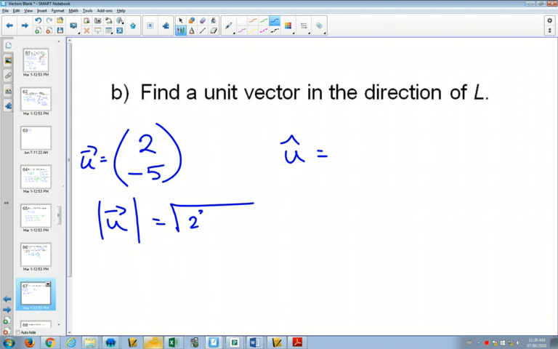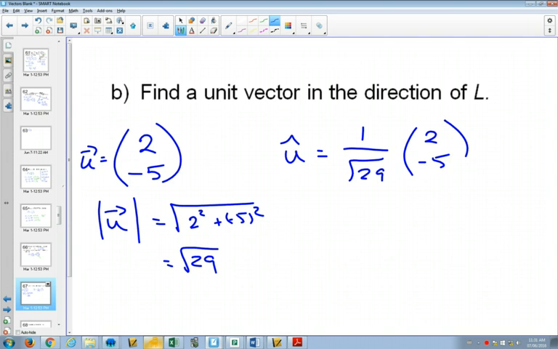Remember, we do a squared plus b squared. So that vector has a length of root 29. So our unit vector will be 1 over root 29 times 2 and negative 5, to make the length equal to 1.